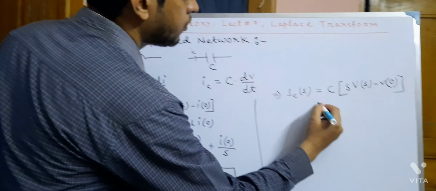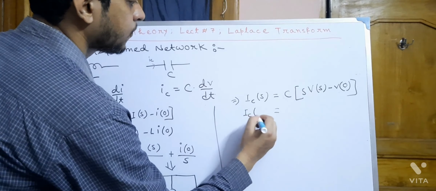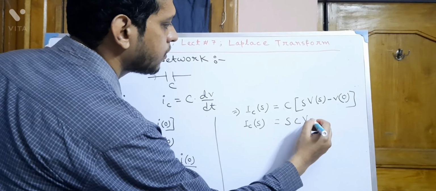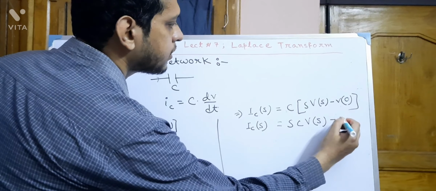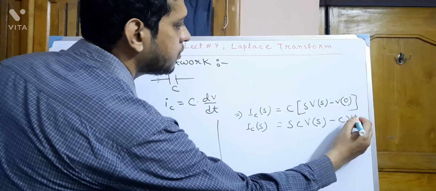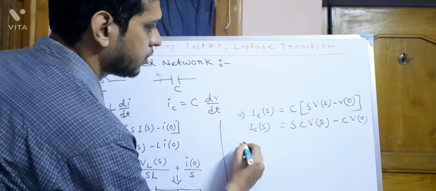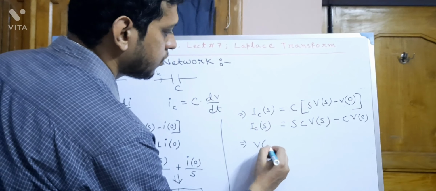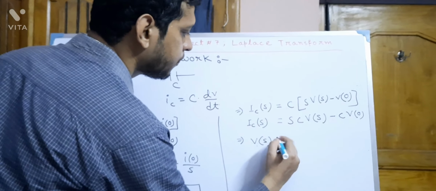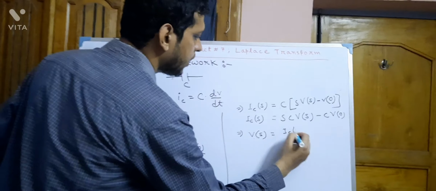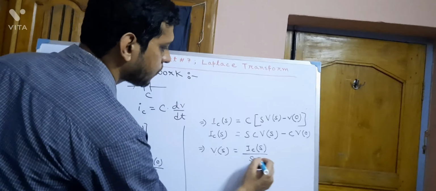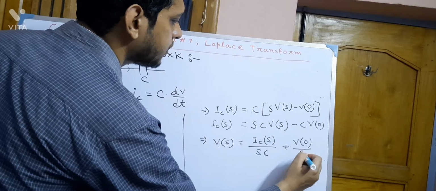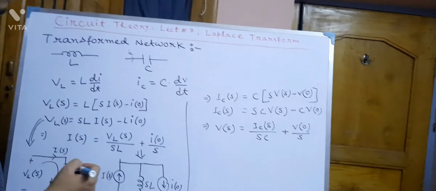Okay. So ICS equal to SC VS minus C V0, or VS equal to ICS by SC plus V0 by S. Okay.